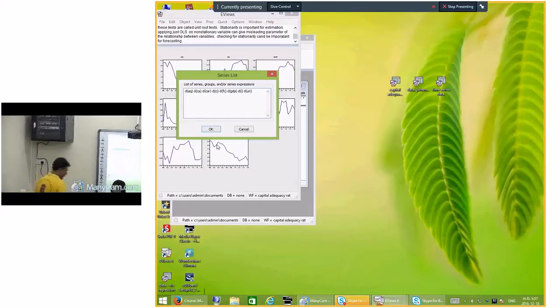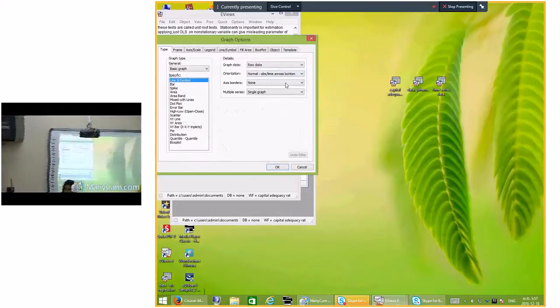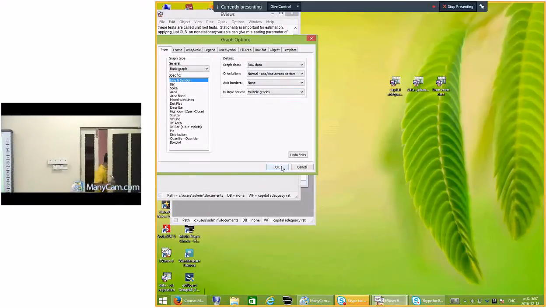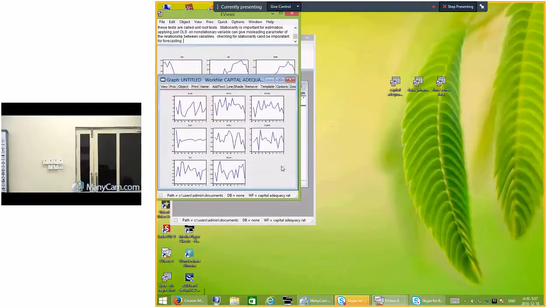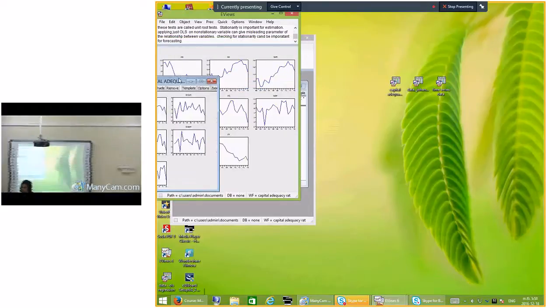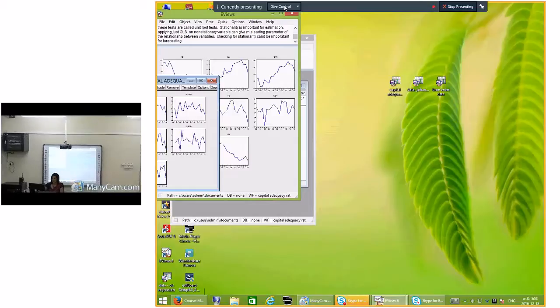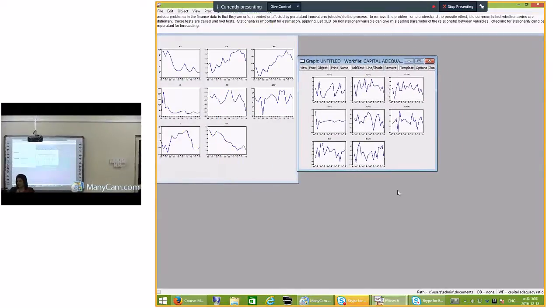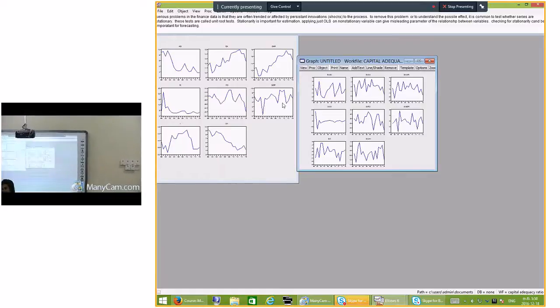Let's see that graph, draw the multiple graph. Right, now you can see the first difference. Is it the first difference? You know that is the first difference. You know that trend, it's moving like this.